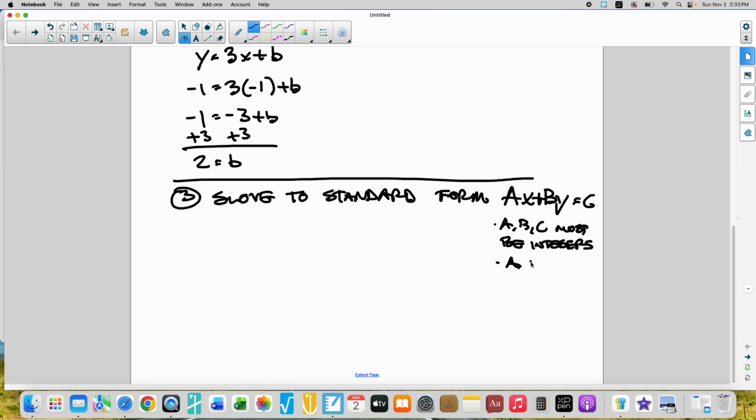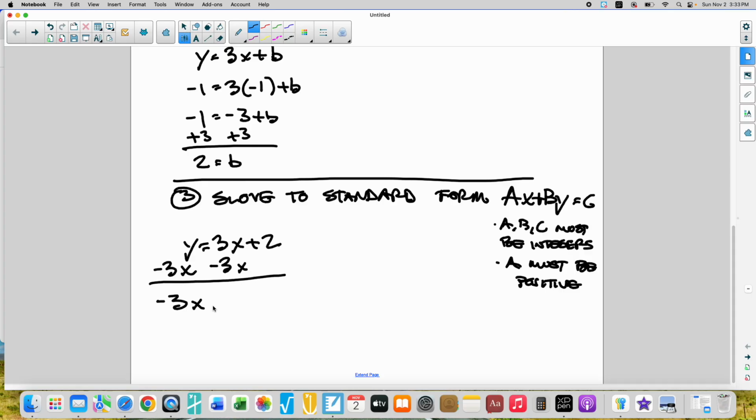And a must be positive. So if we have our equation y equals 3x plus 2, we've got to get the x on the same side as the y, giving us negative 3x plus y equals 2.